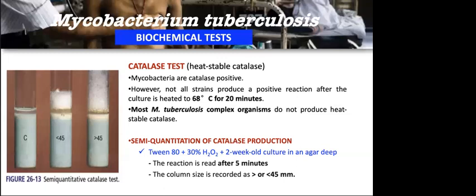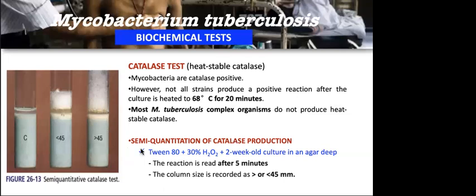So positive lang siya for your routine catalase test. But those that will produce the bubble tower like this, hindi niya kaya.